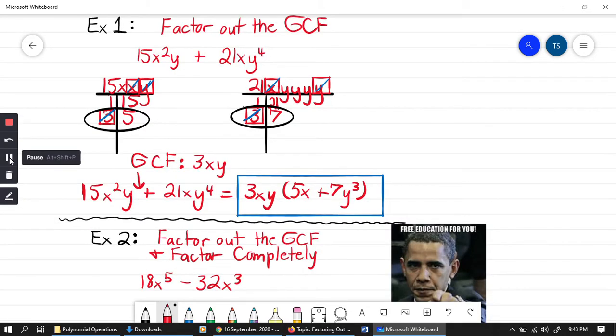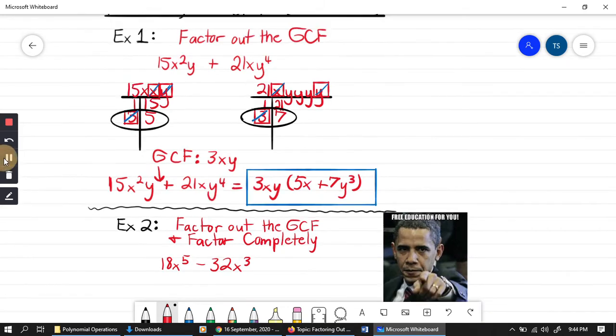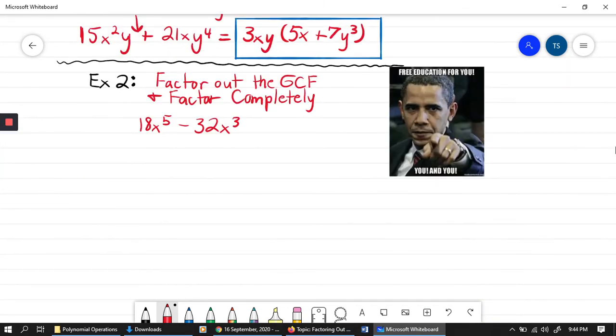So let's say that we are looking at this example where we're asked to factor out the GCF and factor completely. So we still want to do like we did in the other examples, where we write out the factors of these numbers.